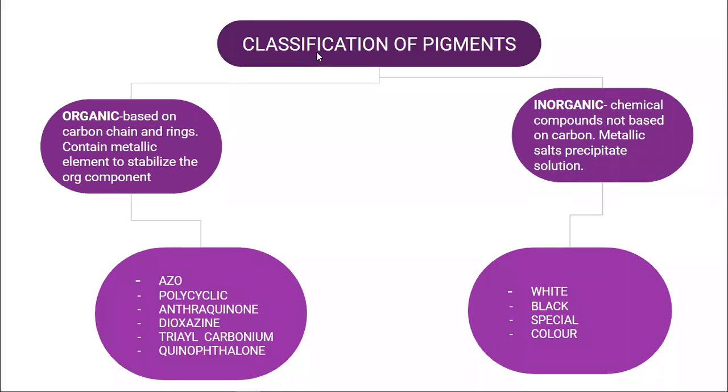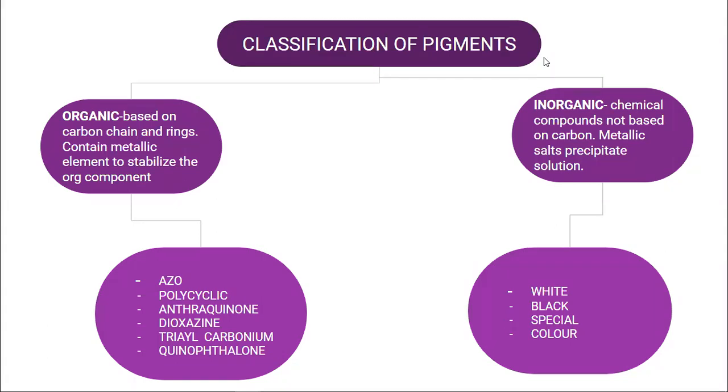Okay, I'm Sharmani, and I'm going to present the classification of pigment. There are two classifications, organic and inorganic. Organic is based on carbon chains or rings or both. It usually contains metallic elements such as aluminum, iron, mercury, or gold to stabilize the organic component.